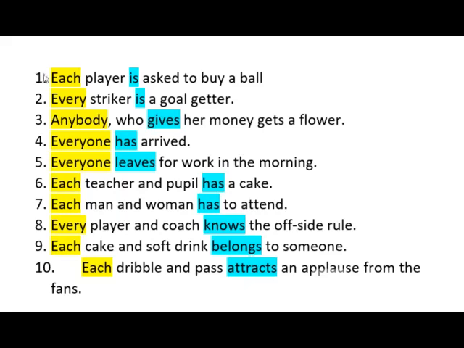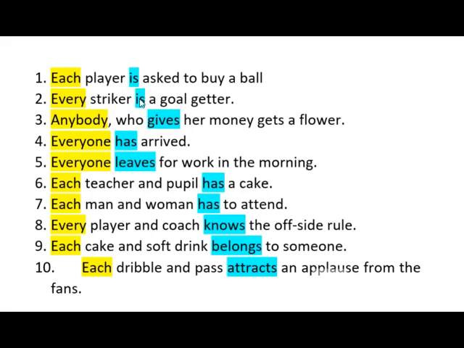Number 1, each player is asked to buy a ball. Because the sentence started with each, it must go with a singular verb, is. Number 2, every striker is a goal getter.